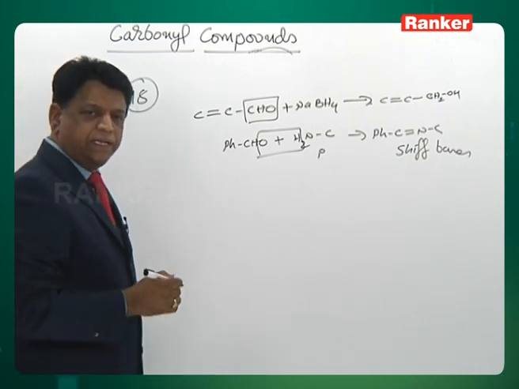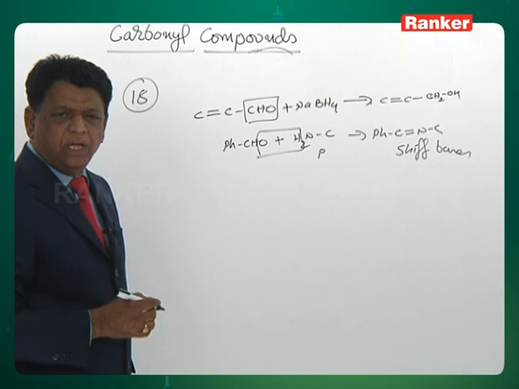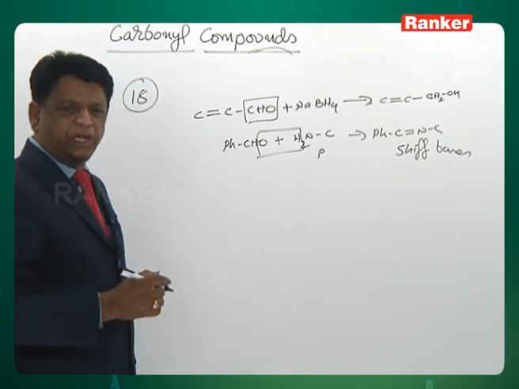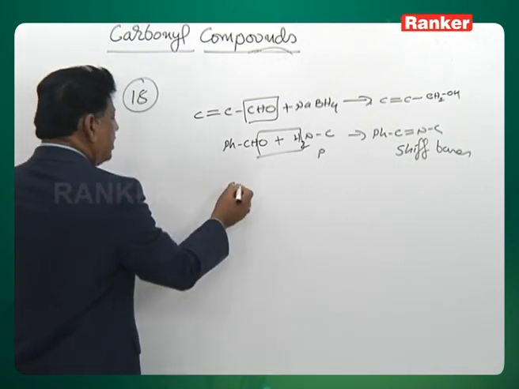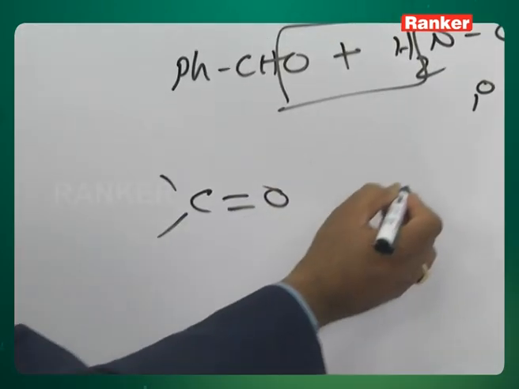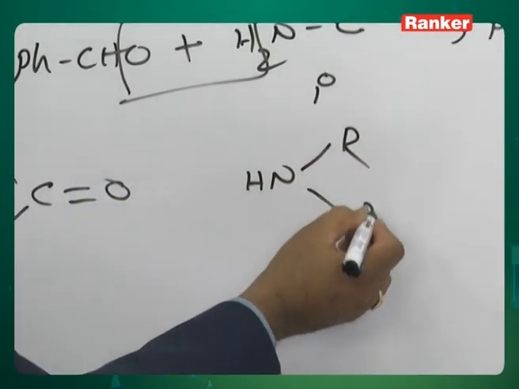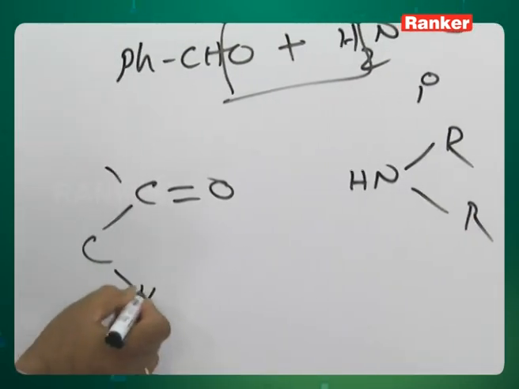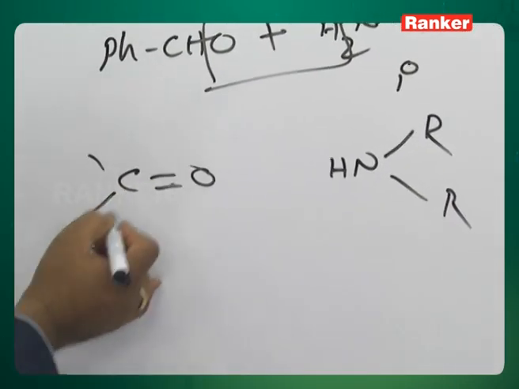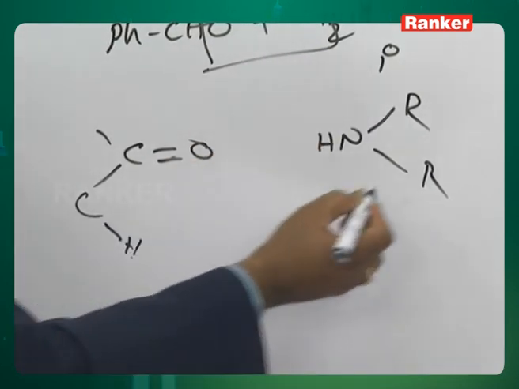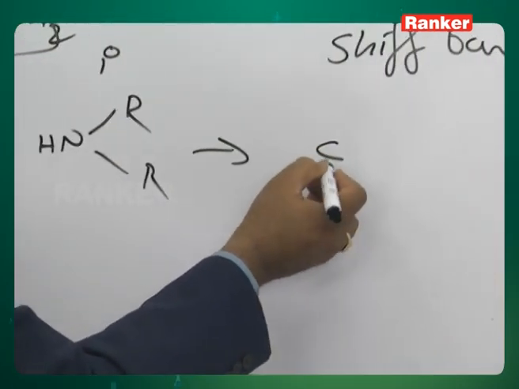And the third option is a carbonyl compound reacting with a 2 degree amine. However, we have an alpha hydrogen, therefore it undergoes enol formation, then eliminates. You will get an enamine.